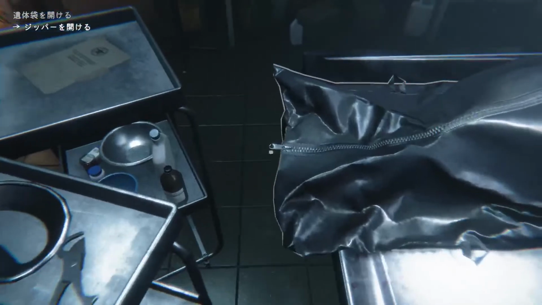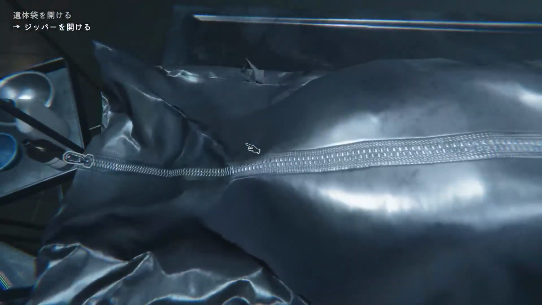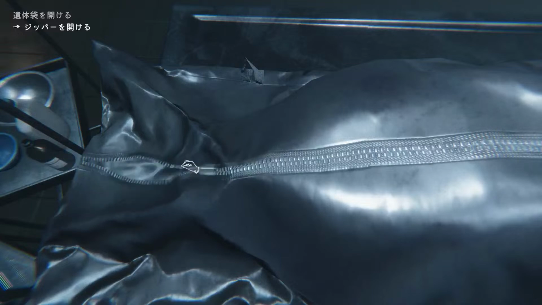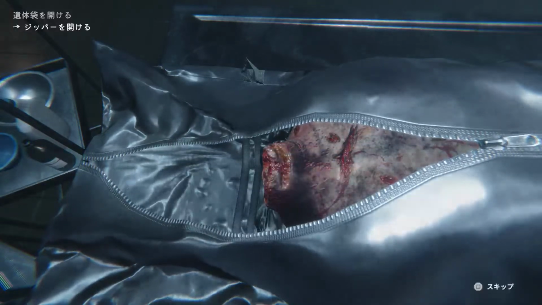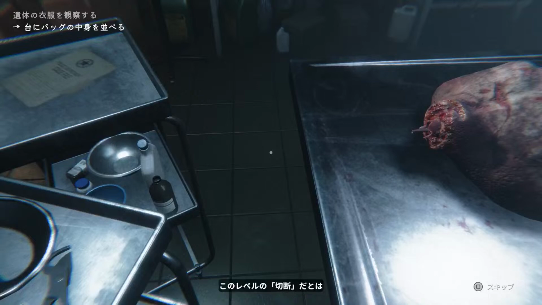I'll start by opening the bag. Oh, God. Oh, fuck. I didn't expect this level of mutilation. This is going to be a dirty job. I'll check the bag the police left.